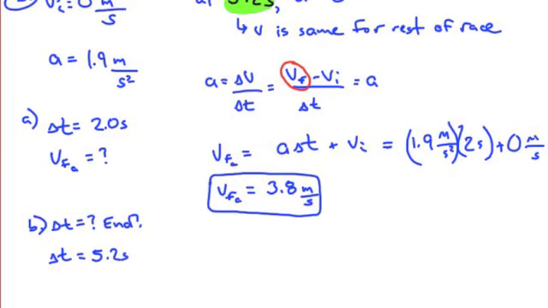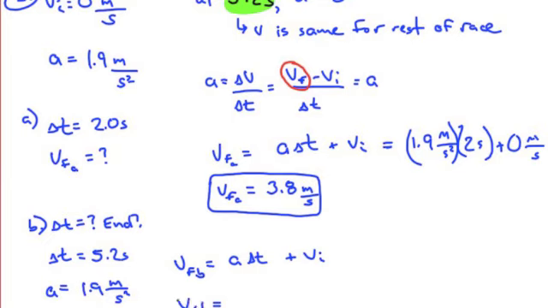I will try to also provide a little graph that would illustrate what's going on here as well. So what's our acceleration? Acceleration is still the same, 1.9 meters per second squared. Our initial velocity is 0 meters per second. The only thing that changes is the time. So velocity final B is the same as what we have up top. That is acceleration times the change in time plus our initial velocity.